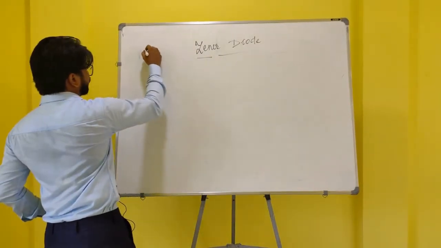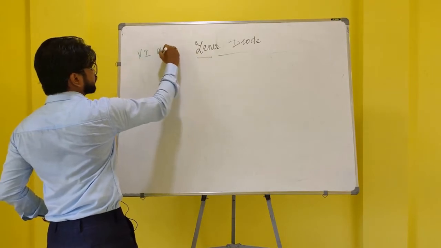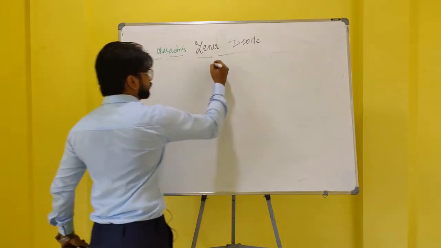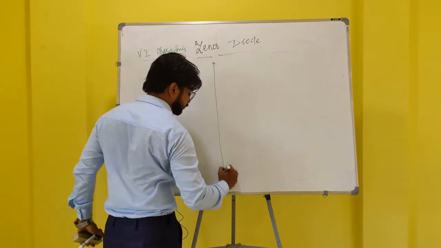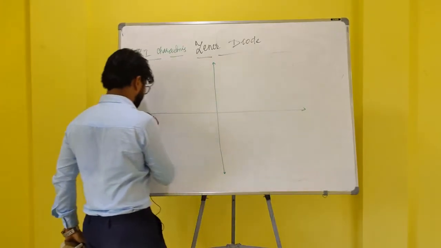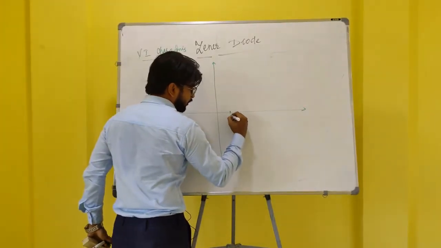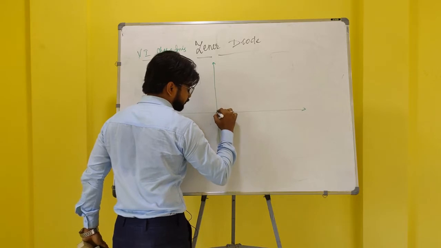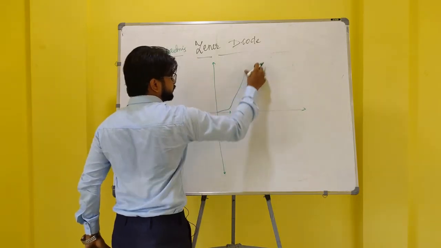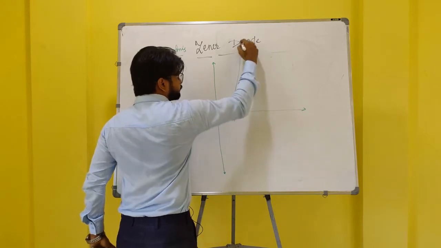Now let us examine the VI characteristics, or the voltage current characteristics, of a Zener diode. So this is the current axis and this is the voltage axis. In forward bias condition, from 0.7 volts it starts conducting.